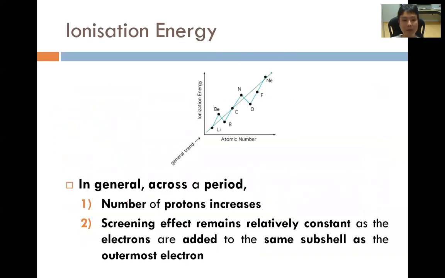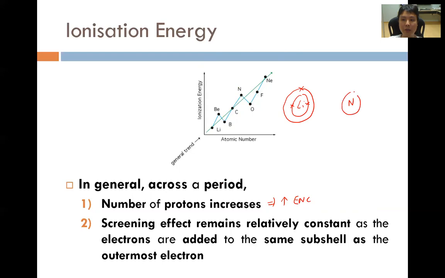Across the period, the number of protons increases, so this will result in an increase in the effective nuclear charge, because the nucleus will be attracting the valence electrons more strongly. However, the screening effect remains relatively constant because our electrons are added to the same subshell as the outermost electron. Let's compare between lithium and nitrogen. Lithium has 2 electrons in the first shell and 1 electron in the outermost shell.